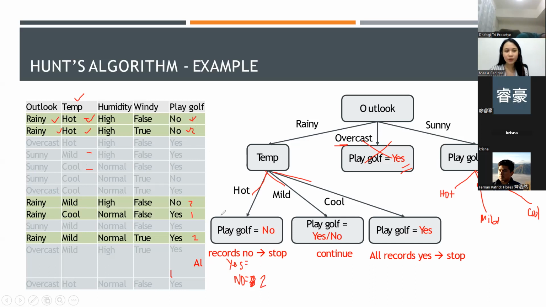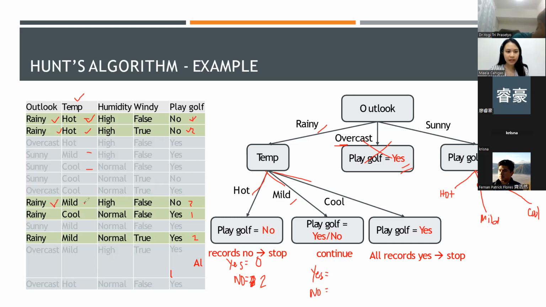For yes, we don't have any other combinations that entail rainy, hot, and yes. That's why we can just stop over here. So that means we won't need to branch out this one, rainy, hot. How about for rainy, mild, and yes or no? Let's see this one.